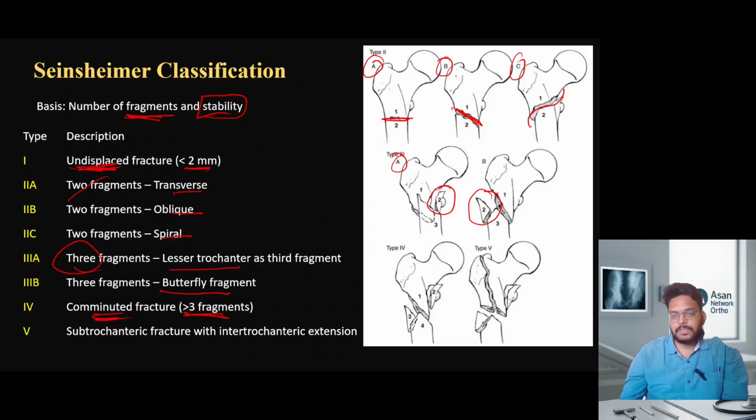The fifth type is the same as the Boyd and Griffiths type 4, that is a subtrochanteric fracture with an intertrochanteric extension. It is similar to the Boyd and Griffiths type 4. So this is Seinsheimer's classification based on the fragments.